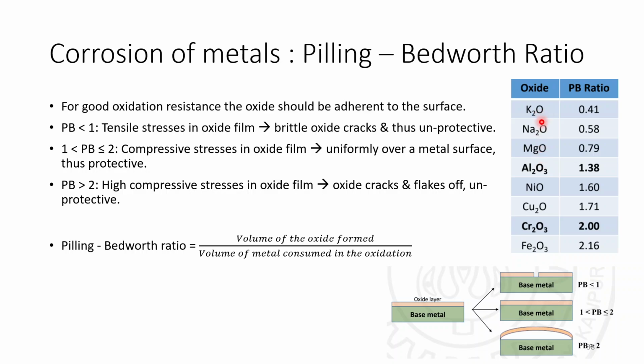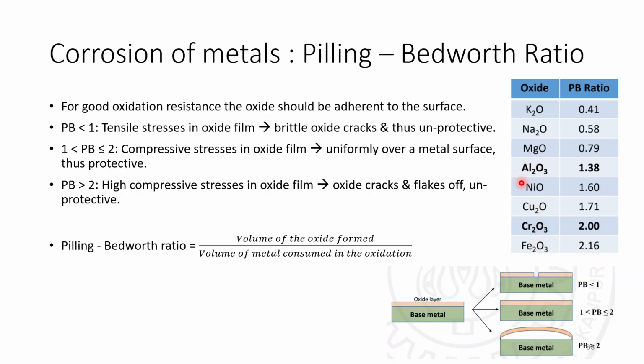Between K2O, Na2O and magnesium oxide, these are all unprotective, so these ratios are below 1. Then alumina, nickel oxide, copper oxide, and chromium oxide are protective. I also told you that these are added in steel for increasing oxidation resistance.